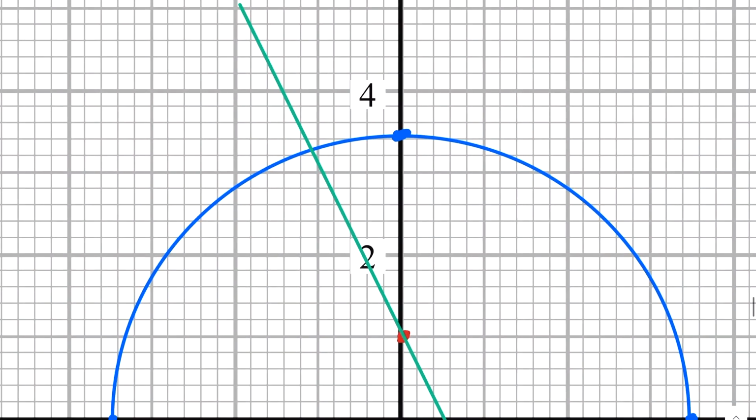And then for the other one, it looks like in the x-axis it's going to be minus 1, and in the y-axis it's going to be 3.3.